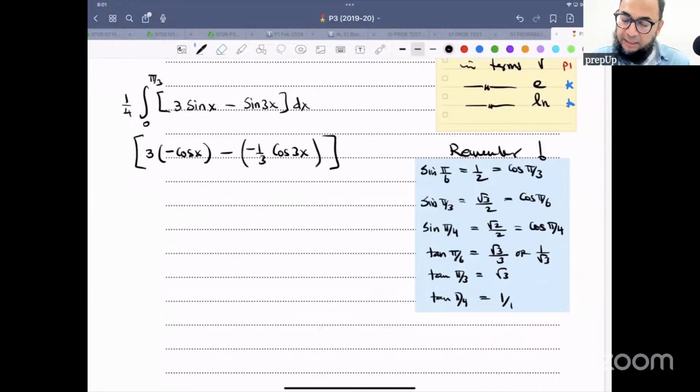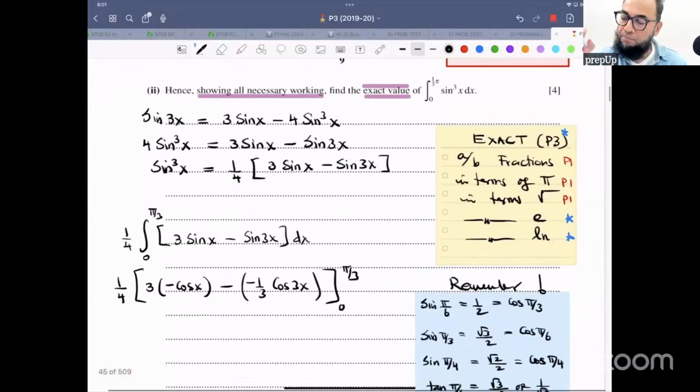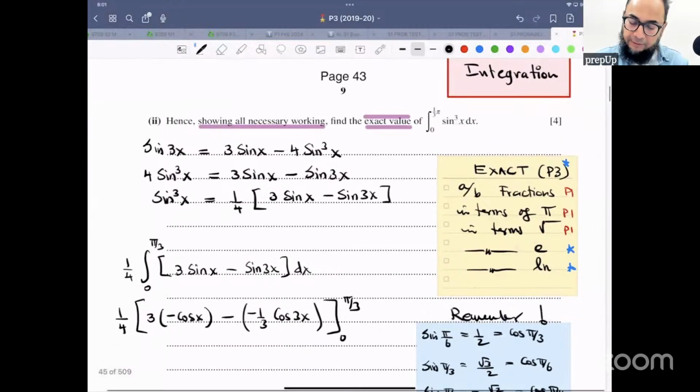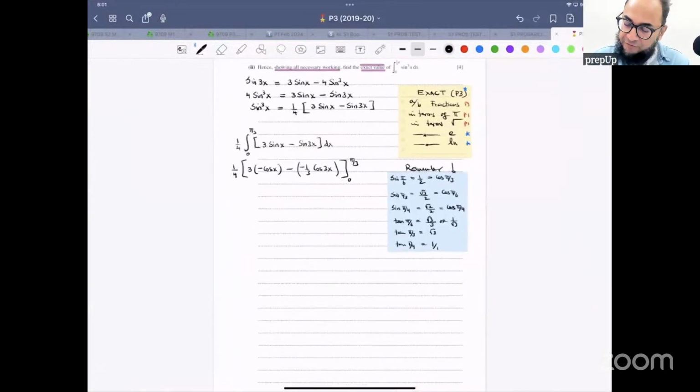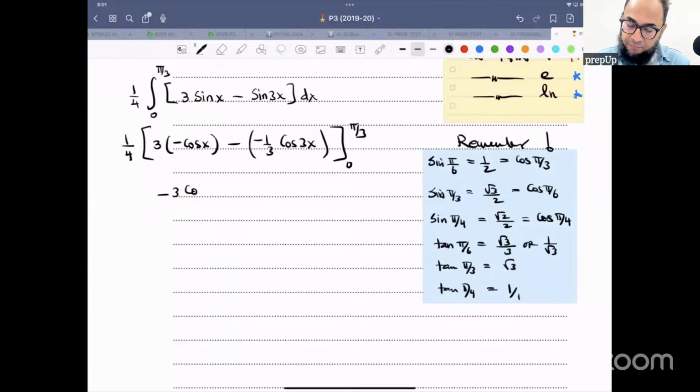And don't forget the 1/4 on the outside, don't forget 0, don't forget pi by 3. Let me double check. So now this becomes negative 3 cosine x plus 1/3 cosine 3x. And this is 1/4, and this is 0, and this is pi by 3.